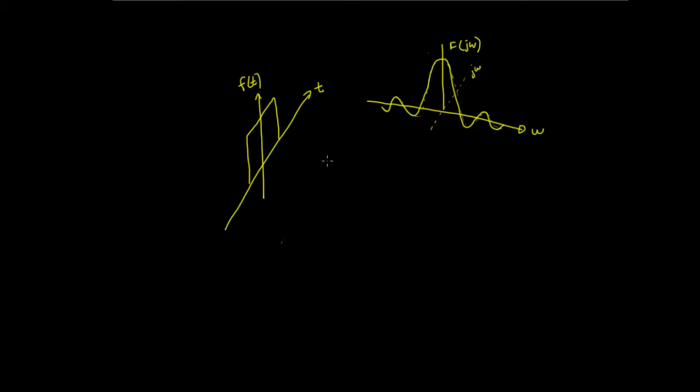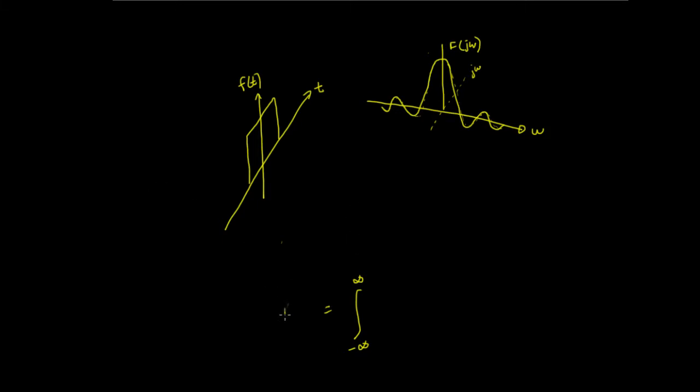So we could look at this and say that if we were going to do the forward transform, well actually, sorry, the forward transform is going to be going from the time domain to the frequency domain.